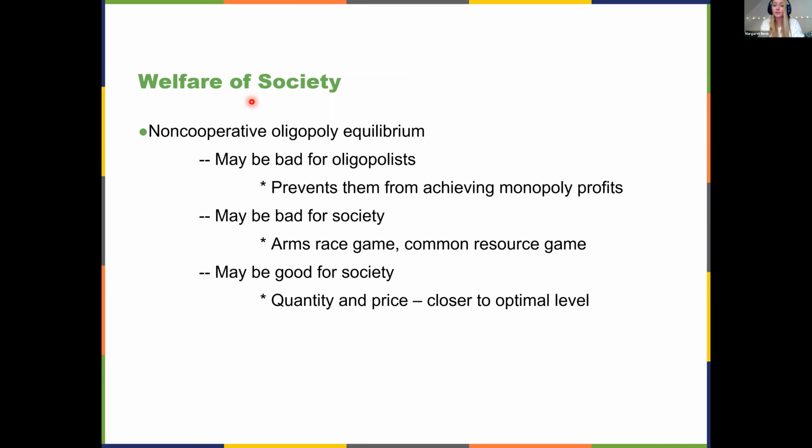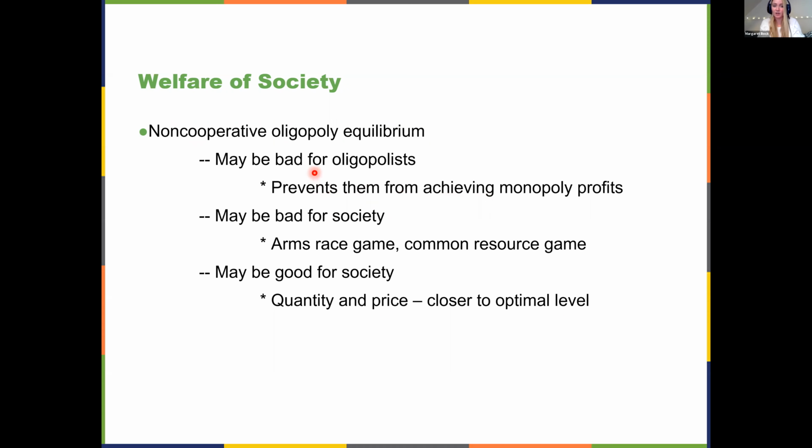Like we've already learned in the last videos, oligopolists that decide to cheat on agreements, even though it's in their best interest to cheat on the agreement, given the behavior of other players, it may be bad for them at the end of the day because this prevents them from achieving those higher profits.